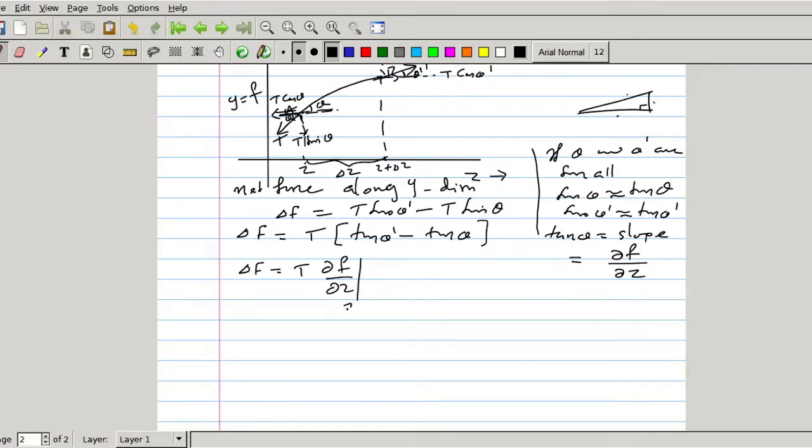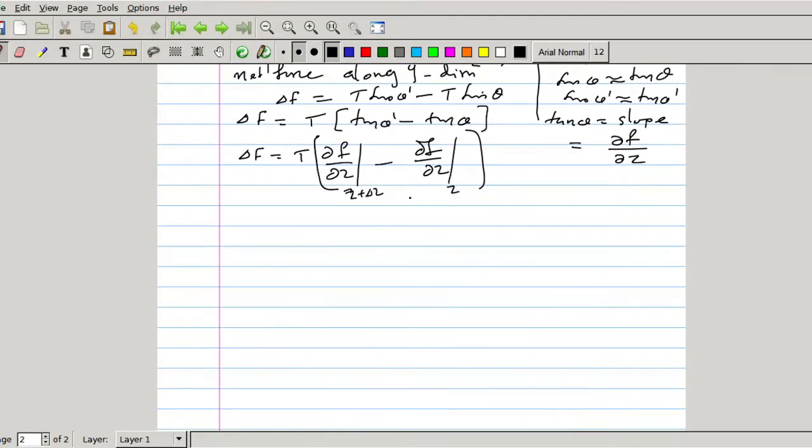So this is at z plus delta z minus dou f by dou z at z. So tan theta prime is dou f by dou z at this point, which is z plus delta z, and tan theta is dou f by dou z at this point, which is at z. So this is T into dou f by dou z at z plus delta z minus dou f by dou z at z.